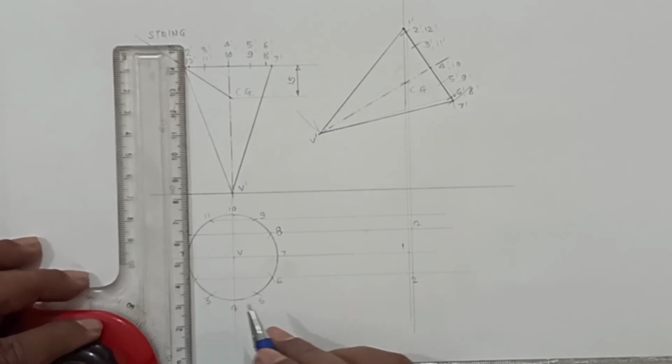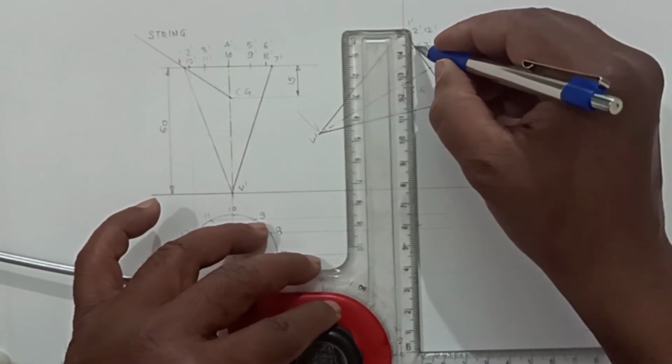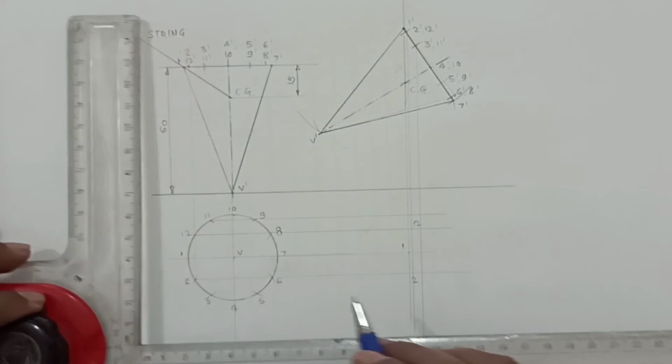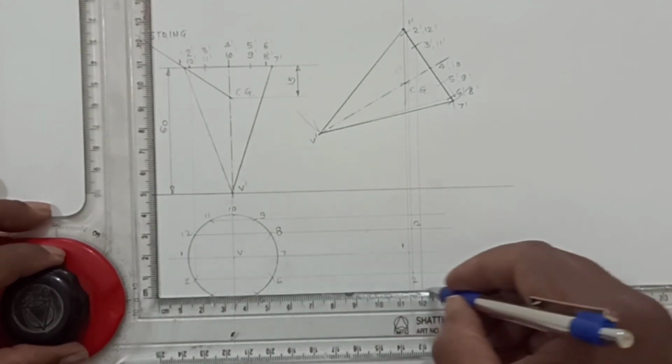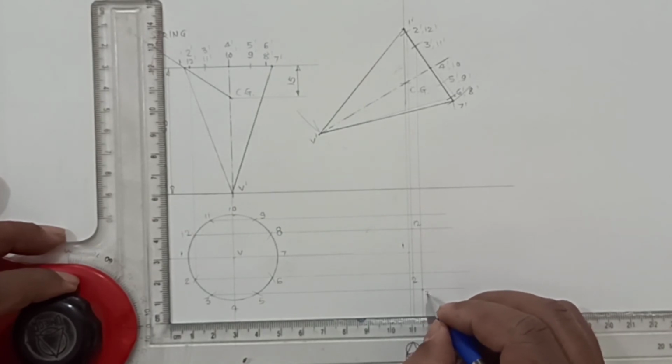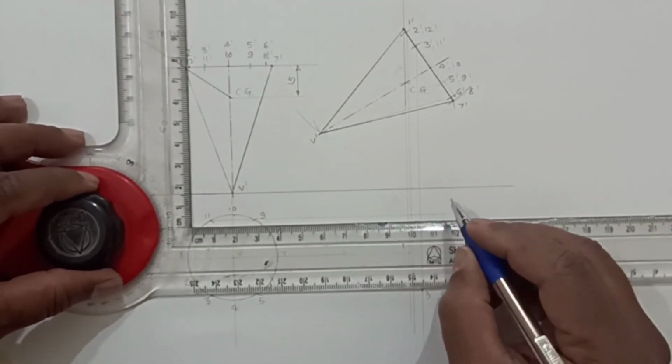Now 3 and 11. For 3 and 11, draw this vertical line. Through the 3, cut this line, we will get this point 3, and this 11 will be here.